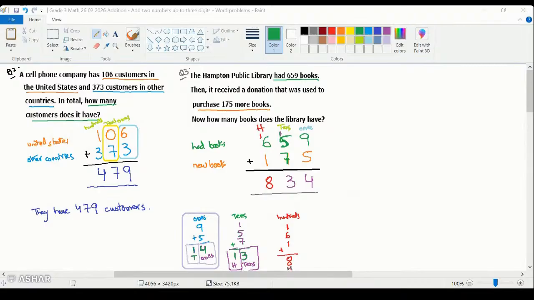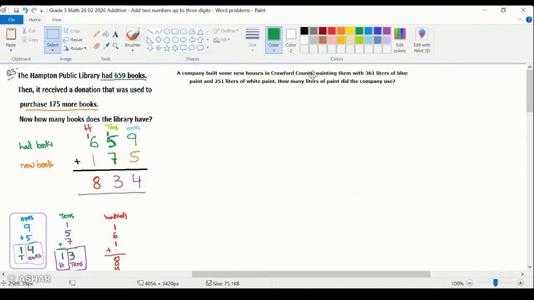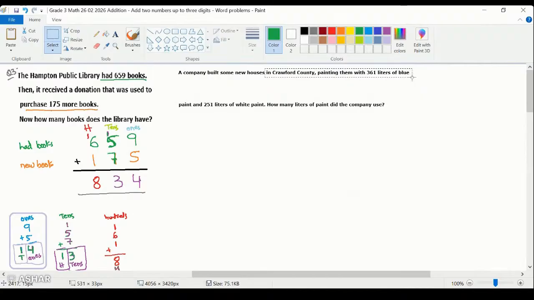And let's do it again. For the next question, it says, question number 4. A company built some new houses in Crawford County, painting them with this amount of blue paint, and this liters of white paint.